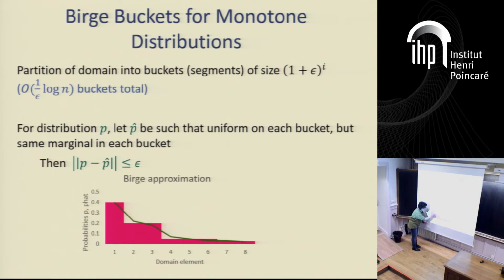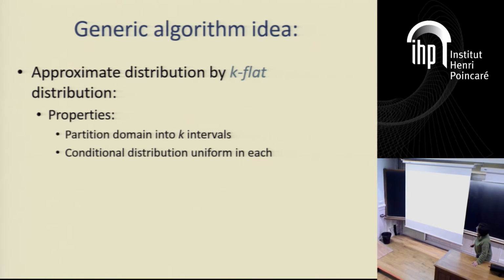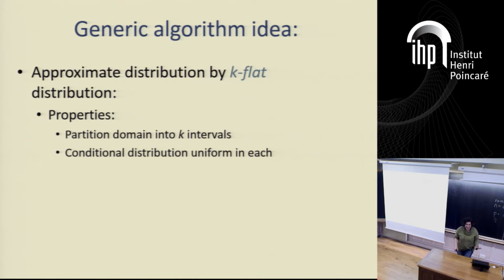You actually have to know that it's not crazy with the right weight, but it actually is uniform in each bucket. Okay, so that's why we're still going to have root n sample complexity, because we have to do all those uniformity tests. Okay. Okay, so that's what I want to say about Birgé. But the generic algorithm idea is approximate the distribution by k-flat distributions.